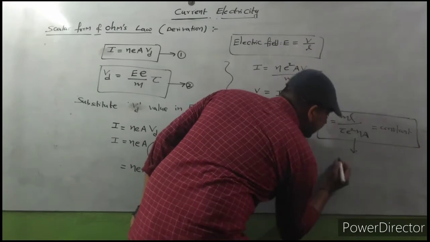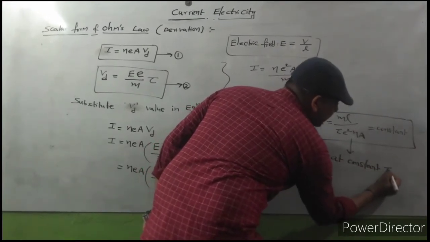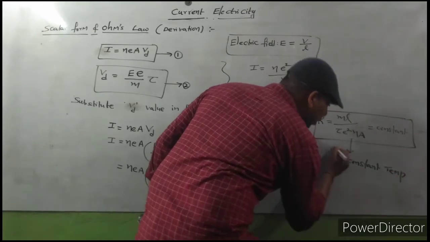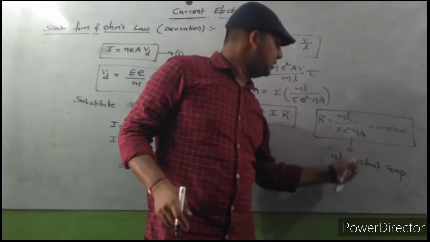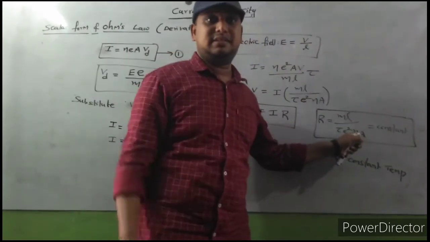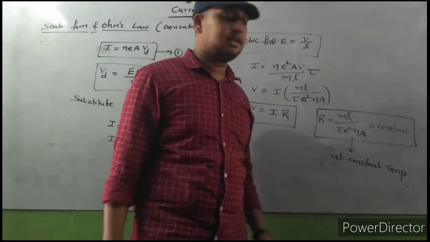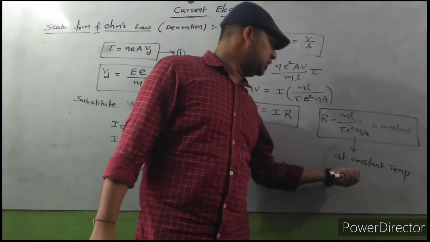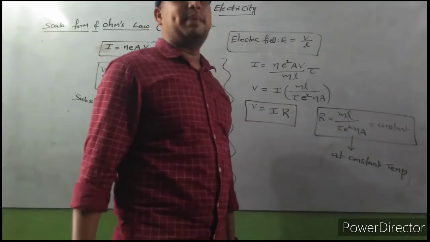When? This is important: at constant temperature. Only then is this valid. If temperature is not constant, then the N value will vary, because N and tau depend upon temperature.